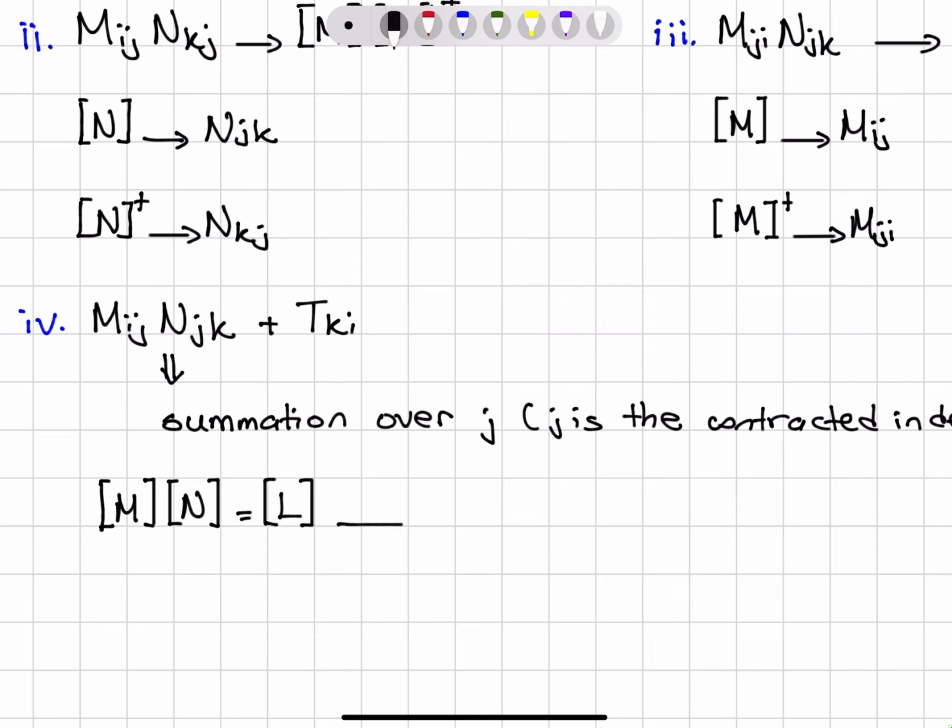Okay, so with that, you can see Mij and Njk implies we're looking at the contracted index J, and this is Lik, the ith row kth column element of the L matrix.